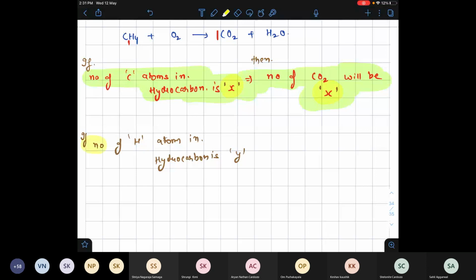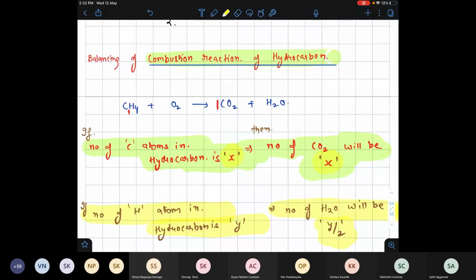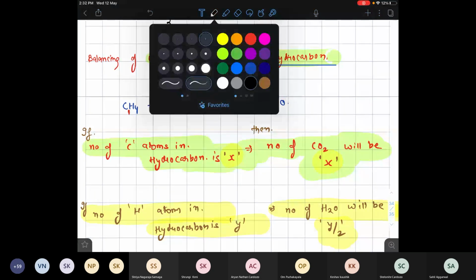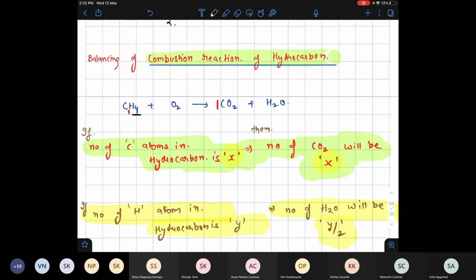If number of hydrogen atoms in hydrocarbon is Y, then number of water will be Y by 2. Here we have 4 hydrogen.